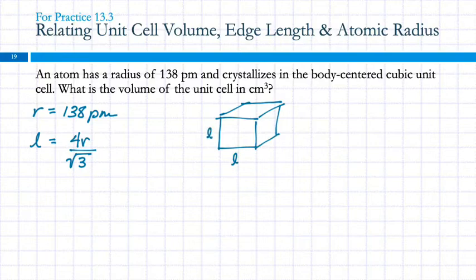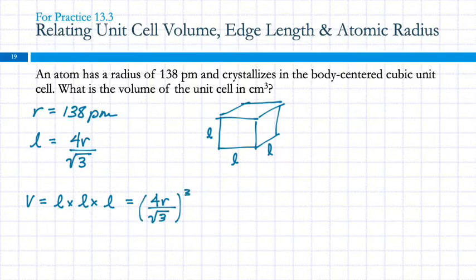And so each side has a length of L. So the volume of the cube is L times L times L. Everybody okay with that? So that's 4r over the square root of 3, cubed.